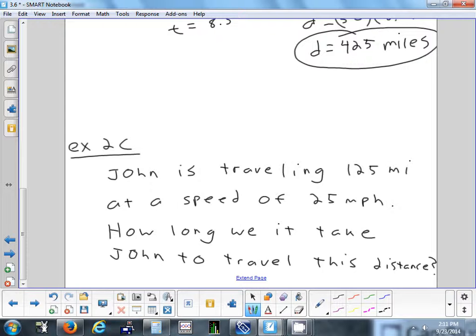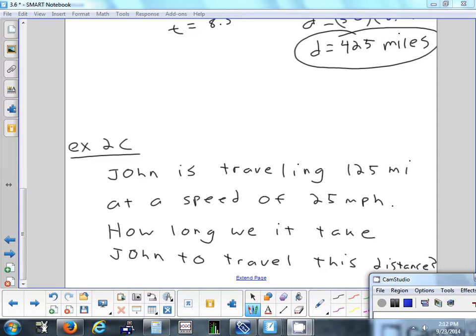Okay, so try that one on your own. John's going to travel 125 miles at a speed of 25 miles per hour. Find out how long it will take him to travel it. So set up your equation, and then see if you can solve it.